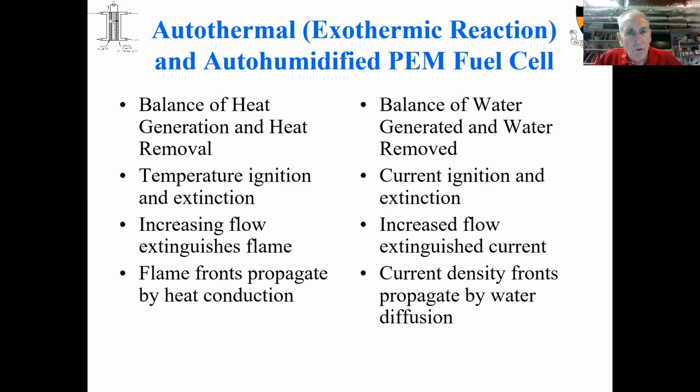In the autothermal reactor, it's a temperature ignition and extinction. In the fuel cell, it's current ignition and extinction. And in the autothermal reactor, flame fronts propagate by heat conduction. In the fuel cell, current density fronts propagate by water diffusion.